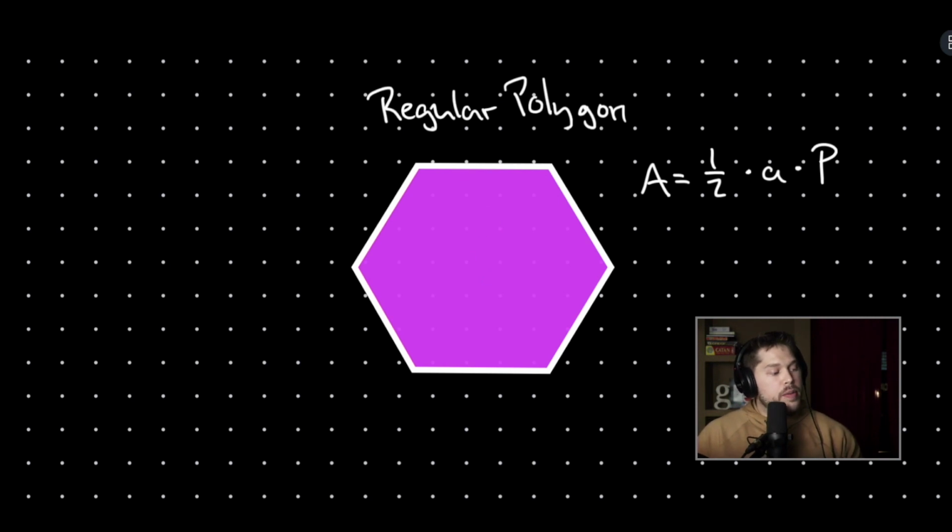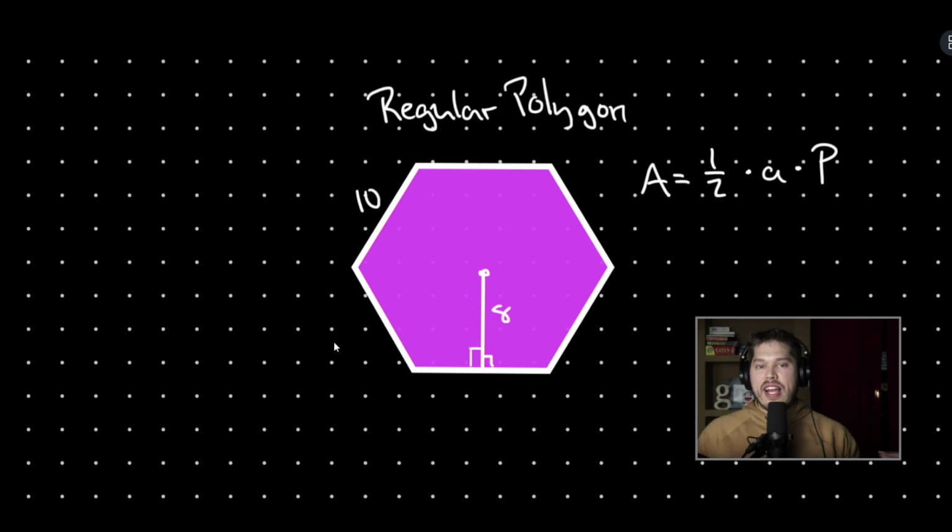Now your apothem is defined to be the distance from the center of your shape down to the bottom such that it forms a perpendicular and splits your side length in half. So let's say your apothem is equal to 8, and let's say our side length is equal to 10.